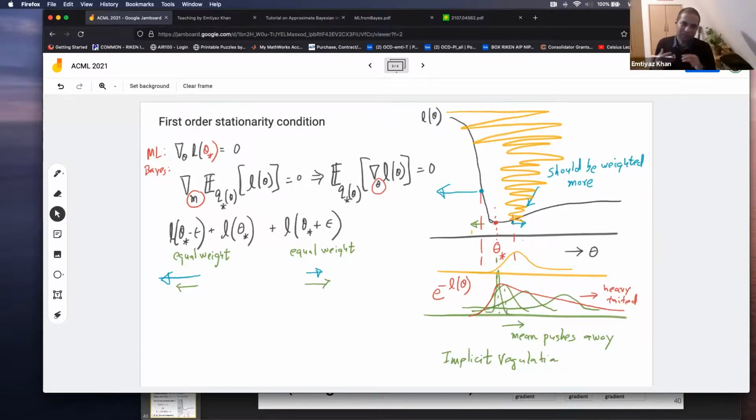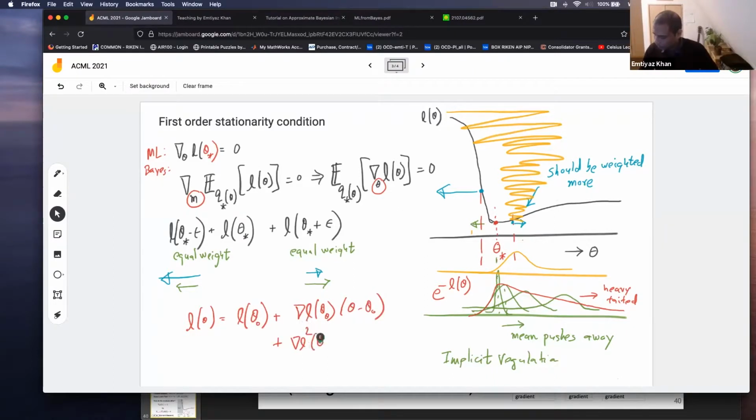But it's very difficult to find this distribution because of the sufficient statistics of L of theta. If you write the Taylor series of it, it could have many terms. Let me write it for one dimension.